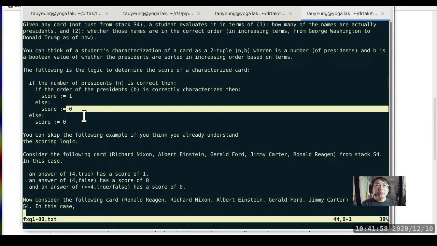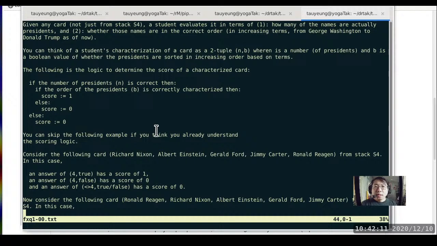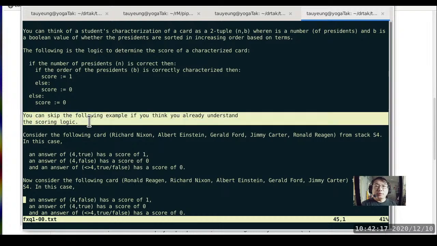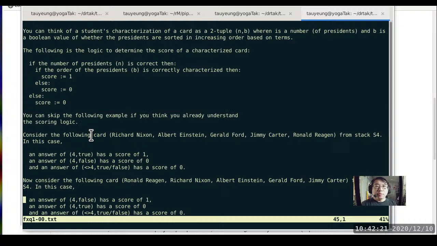So if the ordering is actually correct and the student says false, or if the ordering is actually not in increasing order but the student says true, both of those cases we get a score of 0. Okay. So I have an example, and I made it clear that you can skip the following example if you already know how the logic works.